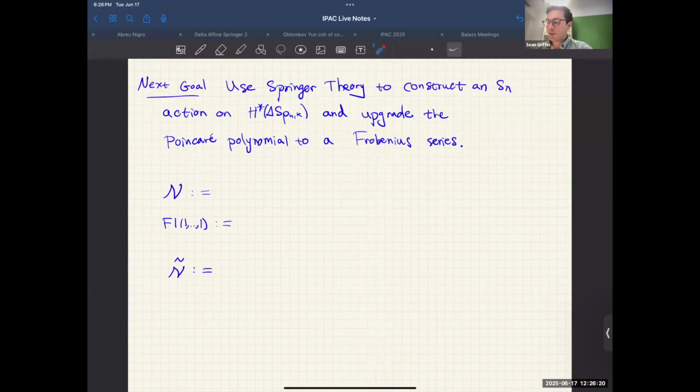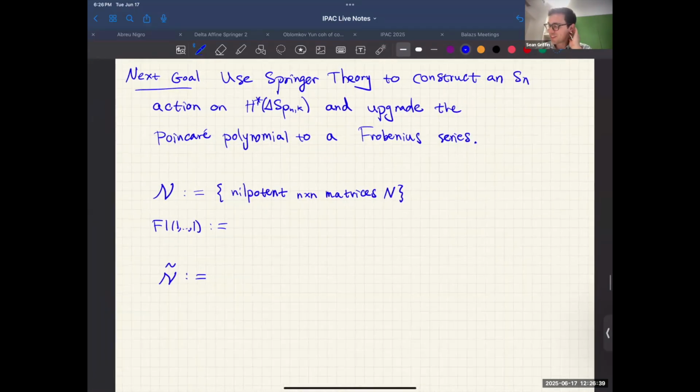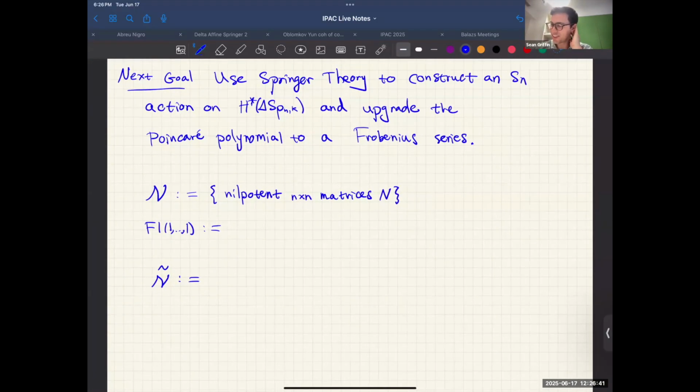Okay, so the basic setup of Springer theory is you have the nilpotent cone, which is the space of nilpotent n by n matrices. I will try to use a curly N for the space and a straight n to denote a particular matrix.